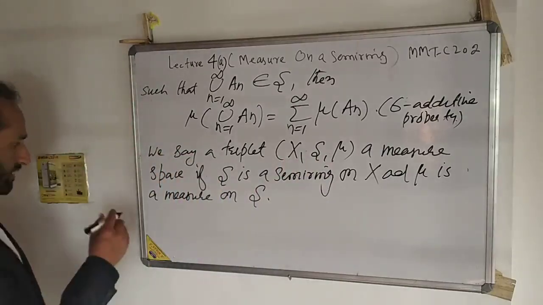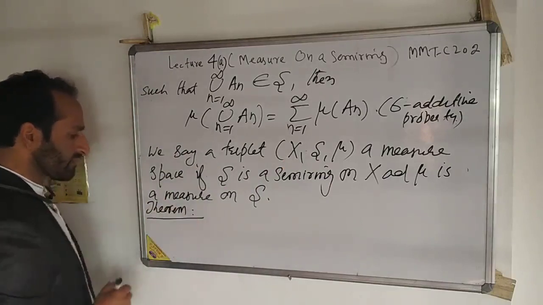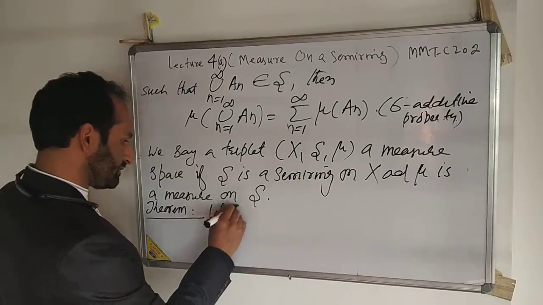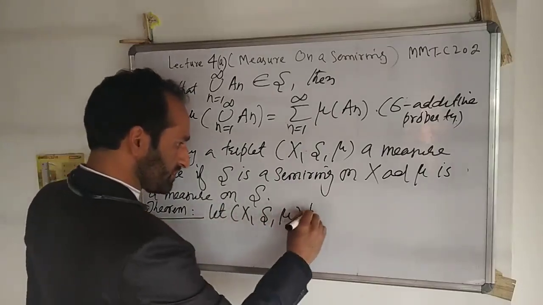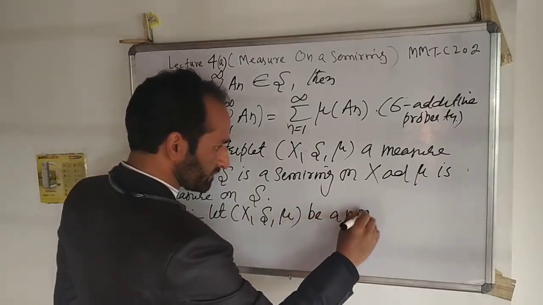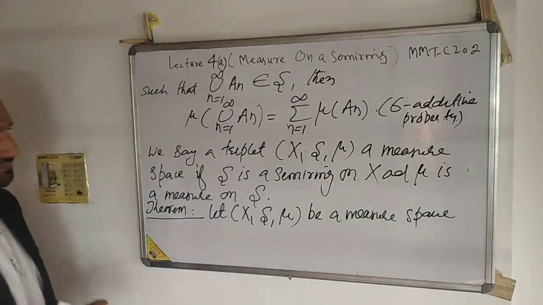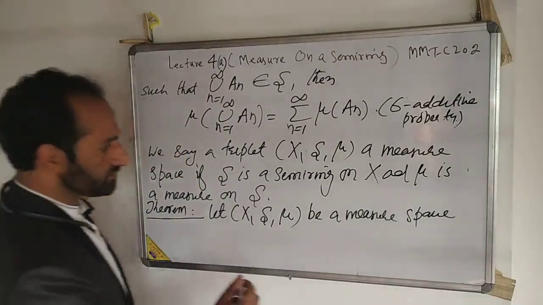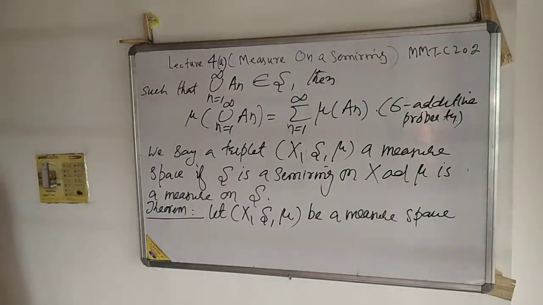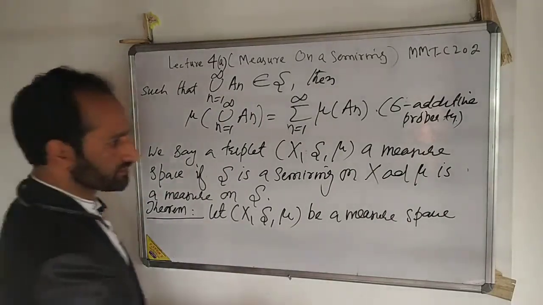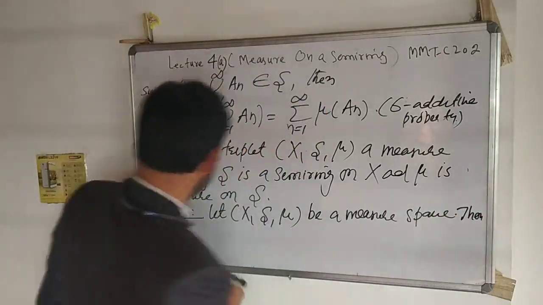So next we have a theorem. Let (X, S, mu) be a measure space. Measure space means that S is a semiring on X and mu is a measure on S. Then the following hold.